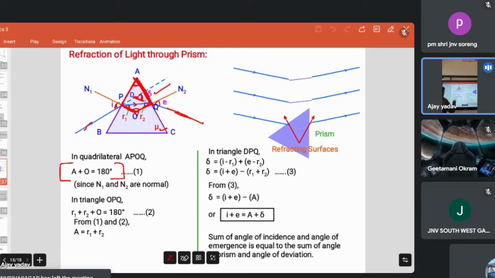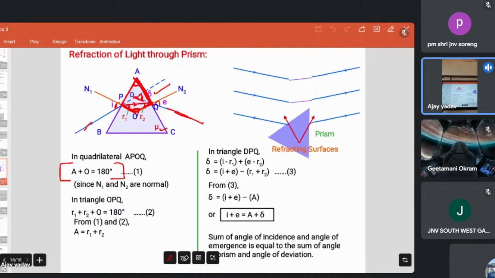So A plus O is 180 degrees. Similarly, we have this triangle OPQ, and we know the sum of the interior angles of a triangle is 180 degrees. So this angle is r1, this angle is r2, and this is angle O.